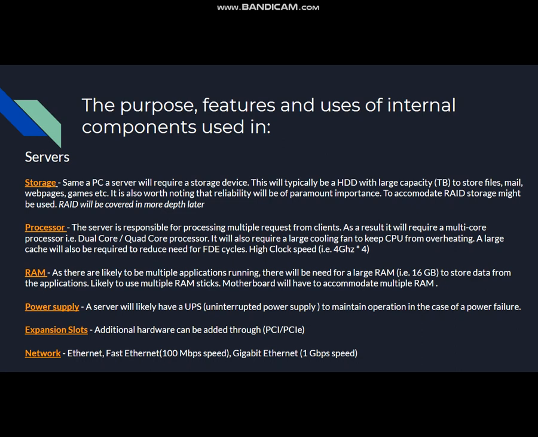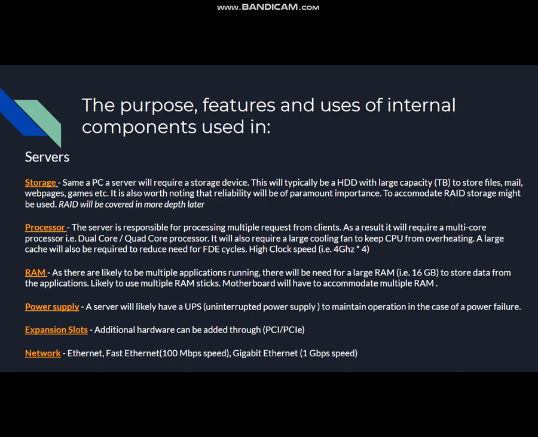Then in terms of the processing on that server, it would require multiple different computers connecting to the server, and as a result it needs to be able to handle all of those requests. So on most servers you will have either a dual core, which means that it has twice the processing of a single core, or a quad core, which means it has four times the processing of a single core.